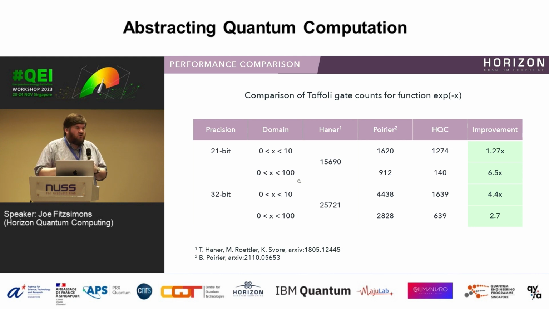And you can see why, in particular, the Goldman Sachs paper was seeing these subroutines as extremely expensive: if you use this first option, it takes about 15,500 Toffoli gates to implement e to the minus x.